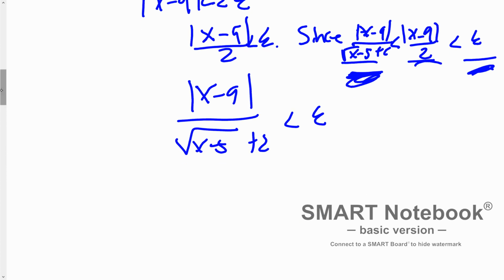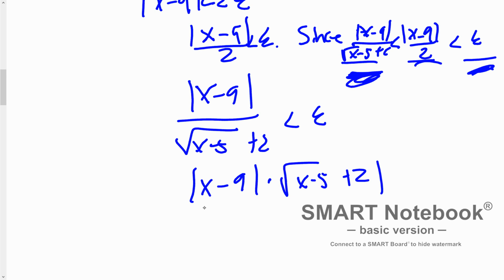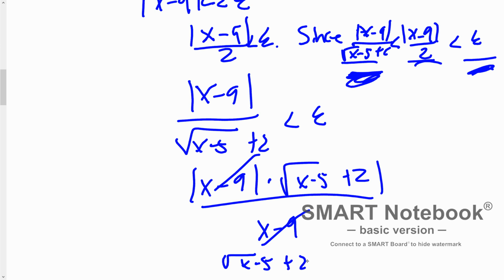All right, then we can multiply by the conjugate, top and bottom. We get x - 9 times √(x - 5) plus 2. And the bottom, multiplying by the conjugate, we would just get x - 9. These would cancel. We get √(x - 5) plus 2. Sorry, the conjugate would be minus 2.